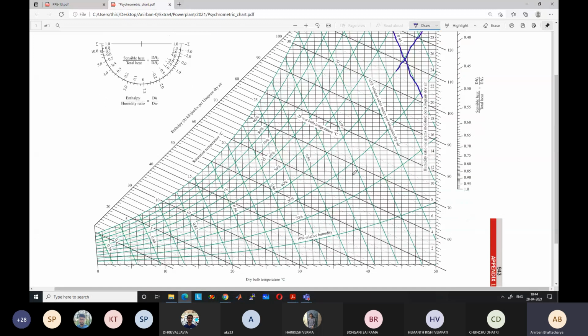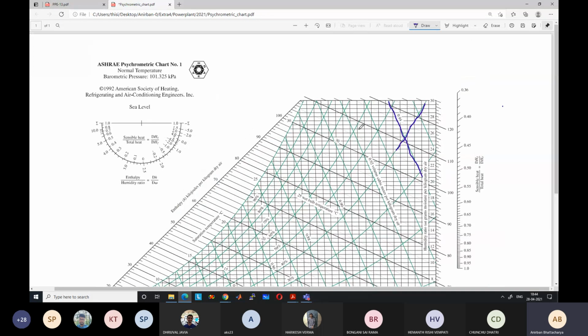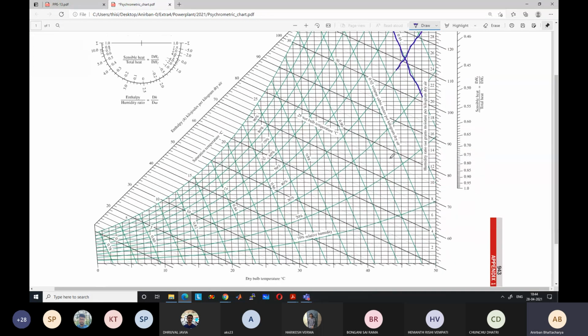I am not drawing here because it's very difficult for me to draw. Then we have wet bulb temperatures. These small dotted lines you can see are wet bulb temperature. For example, this dotted line here is the 25 degrees centigrade wet bulb temperature line. The next one will be 26 degree, 27 degree like this.